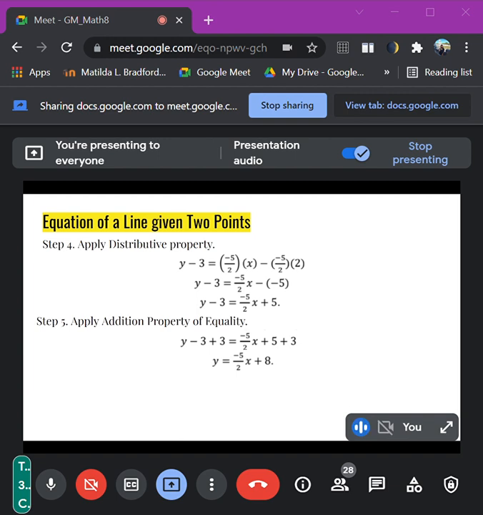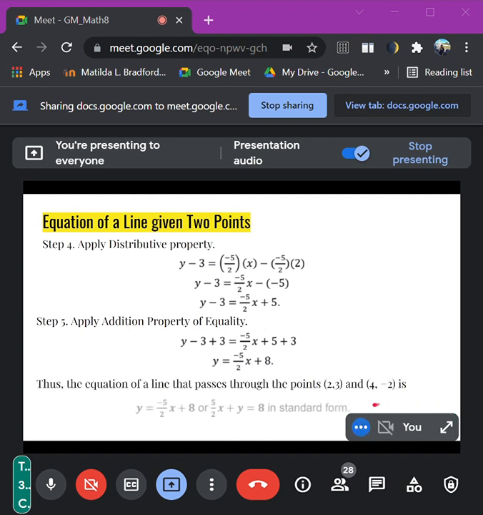So, therefore, we can say that our equation of a line that passes through the points 2, 3, and 4, negative 2 is y is equals to negative 5 over 2x plus 8, or you can have 5 over 2x plus y is equals to 8 in standard form.